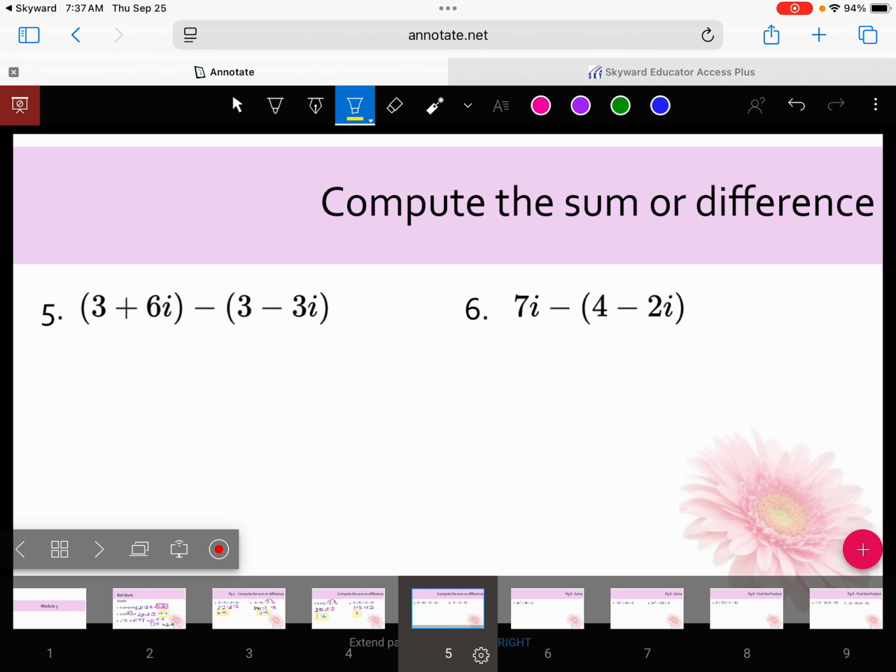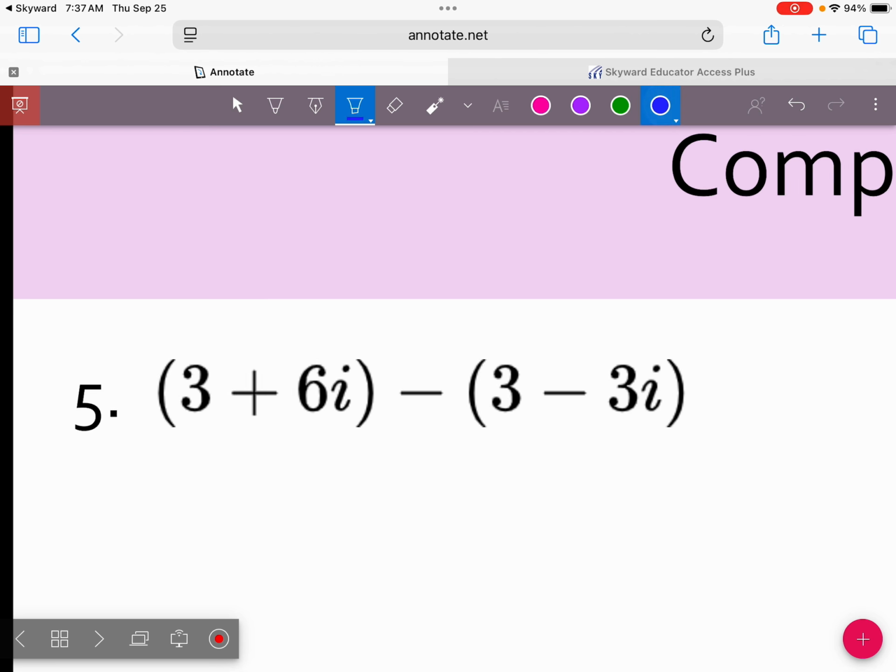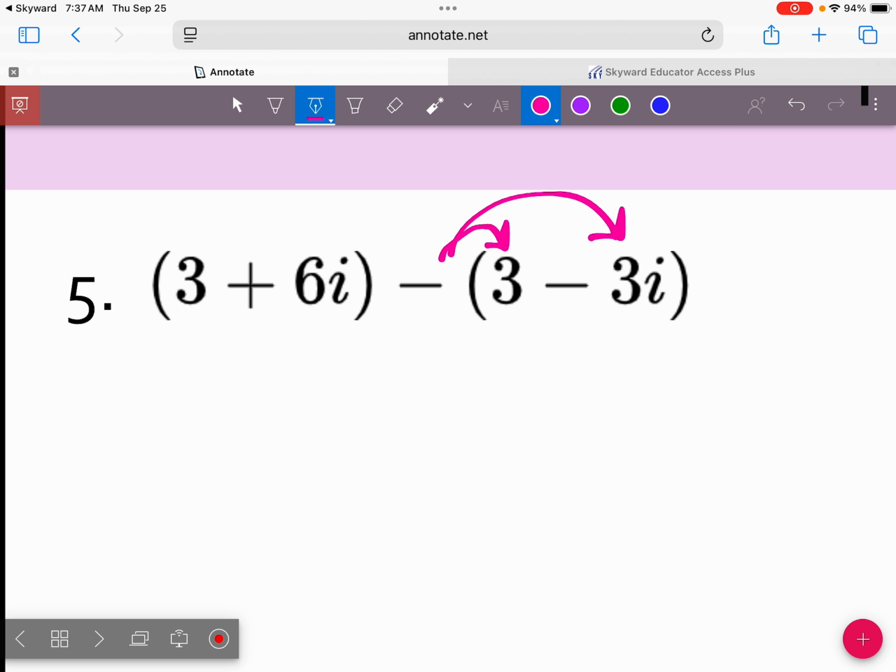So 5, again, is a subtraction one. So we're going to need to distribute our minus sign through. That's going to give us our 3 plus 6i minus 3. If we distribute the minus 3 to minus 3i, we actually end up with a plus 3i. We get another one of those double negative situations.